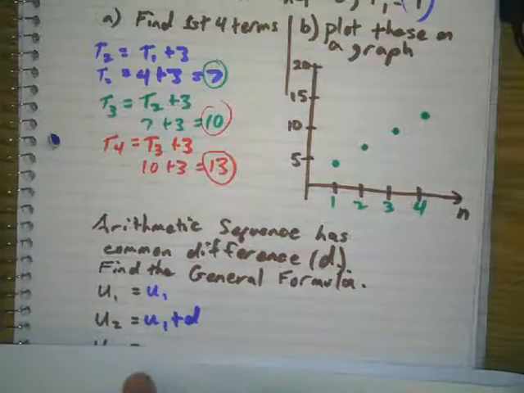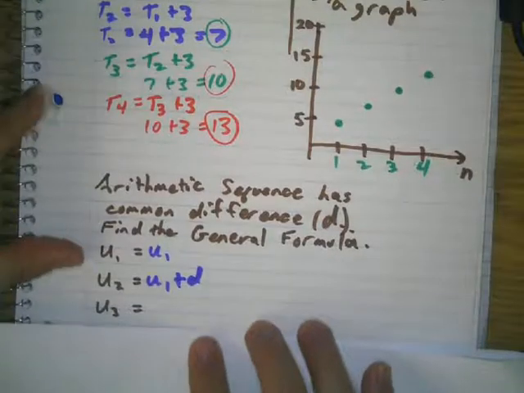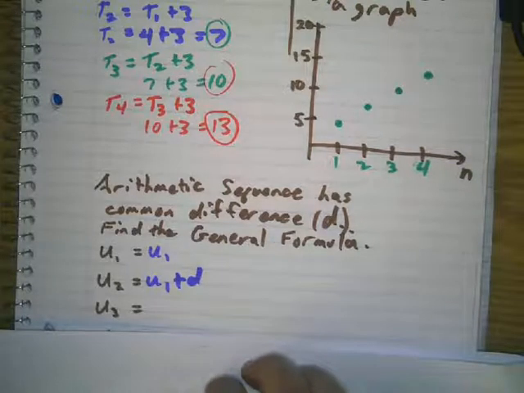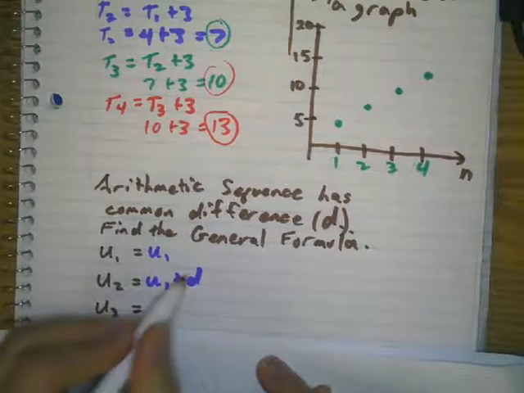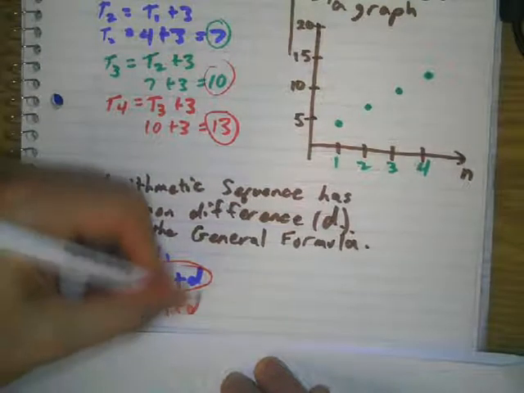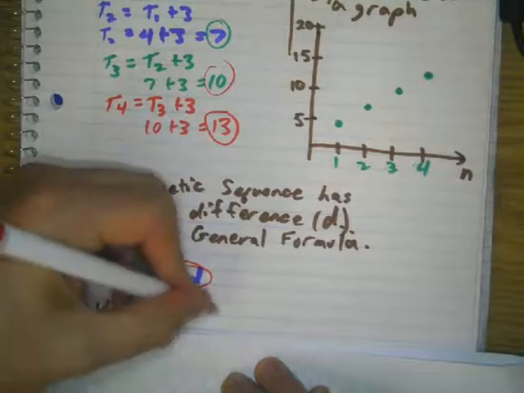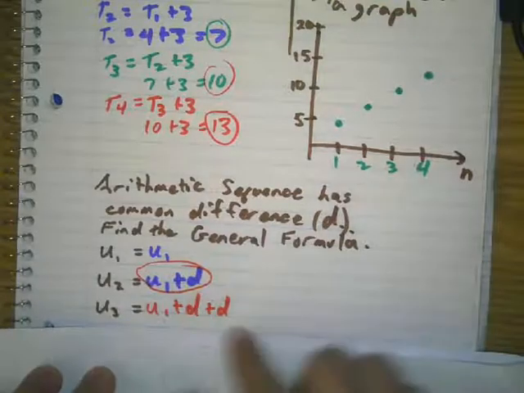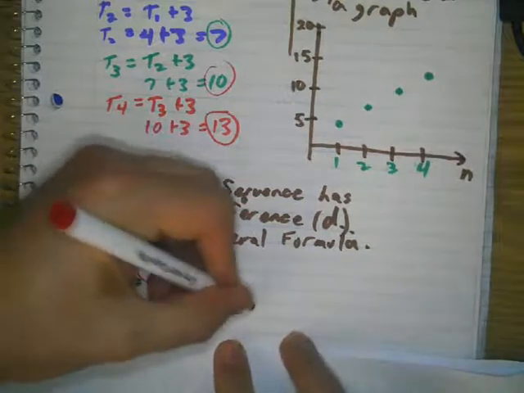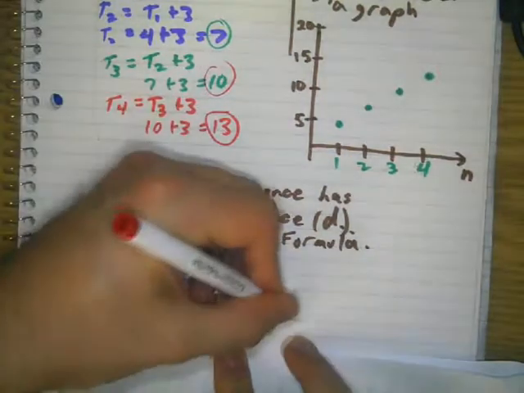The third term is equal to what we have here, u sub 1 plus d, also adding d, right? Because this one is d higher than that one, so that's equal to u sub 1 plus 2d.